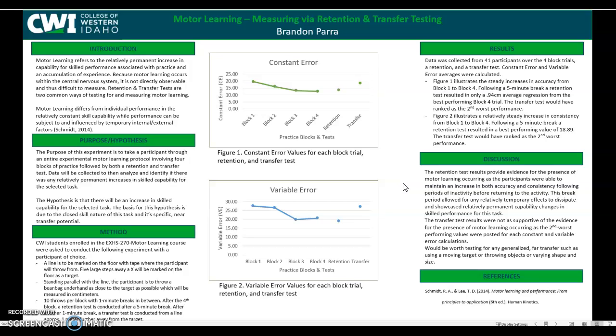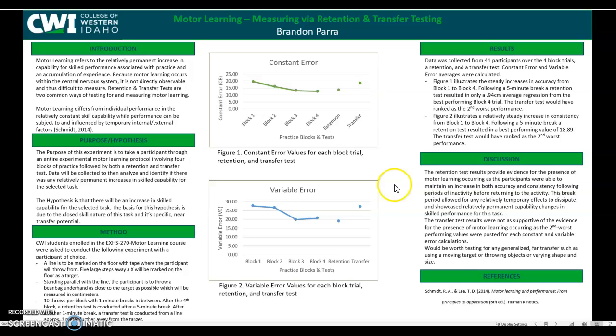In order to do that, we took participants through an entire experimental motor learning protocol, which involved having them practice over 4 sessions, and then after a period of time away from that skilled activity, we came back and tested to see if they could retain that capability increase over the practice sessions, and then we also tested them in a different setting to see if there was any transferability of that skilled task to another one.